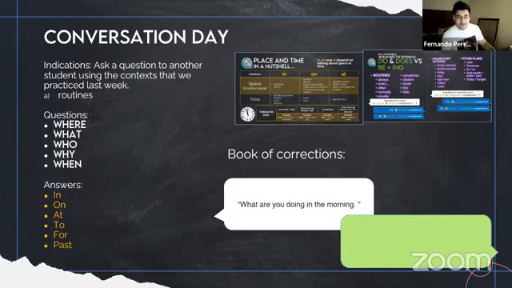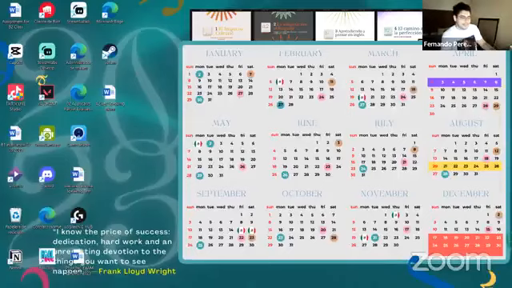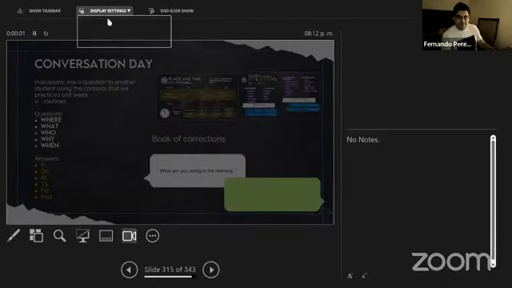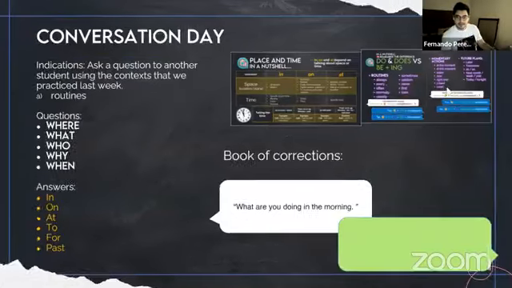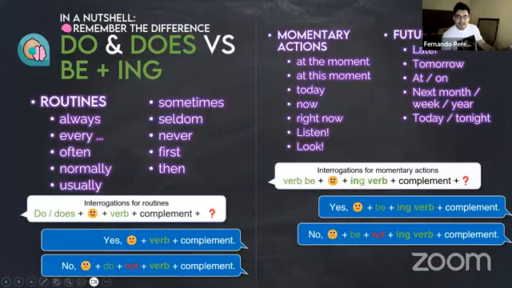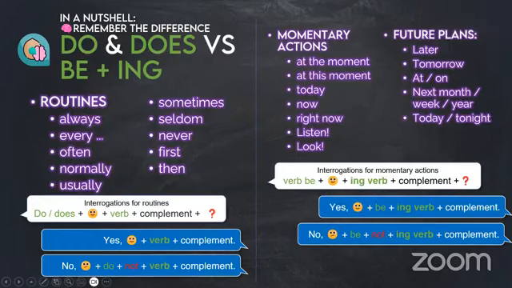Because yes, this is present, but the ing doesn't correspond to in the morning. Doing is for things at this moment, right now, not in the morning. Routines. You see? Change your structure.